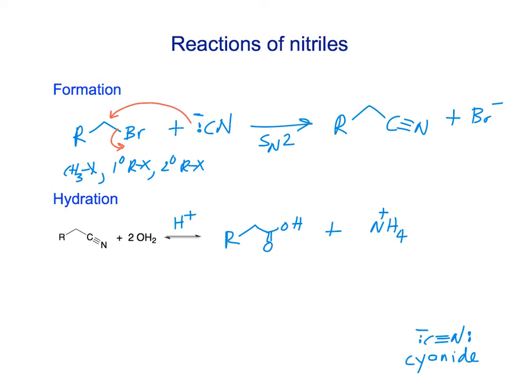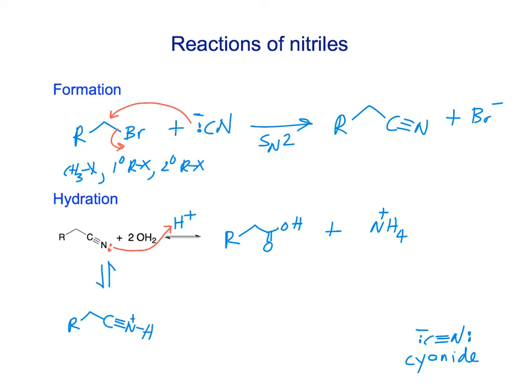All right, so let's just take a look at how this one would happen. Just because we're on a roll with these big mechanisms, we're getting so good at them, right? So the first step, to make the nitrile carbon more electrophilic, we're going to protonate on the nitrogen. We're not going to really do this whole mechanism, but we're going to turn it into something we already know how to deal with.